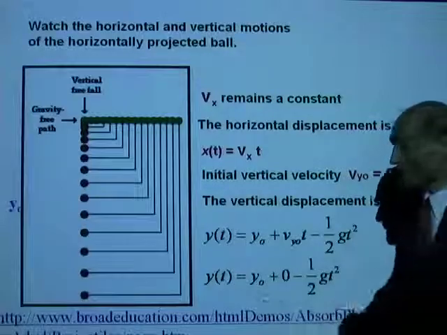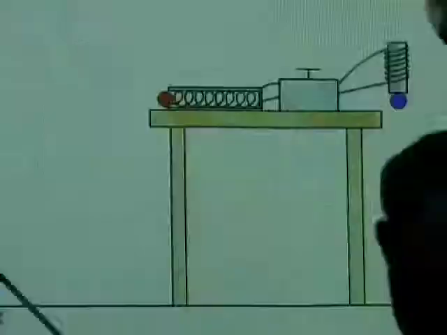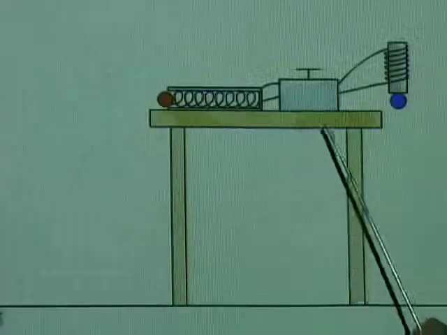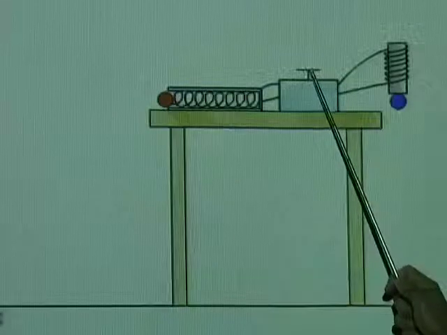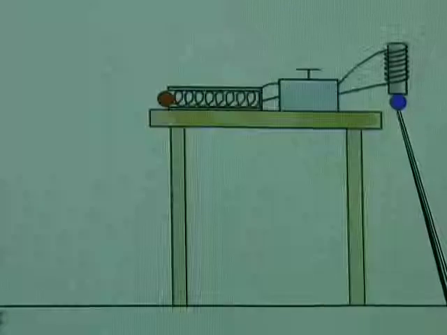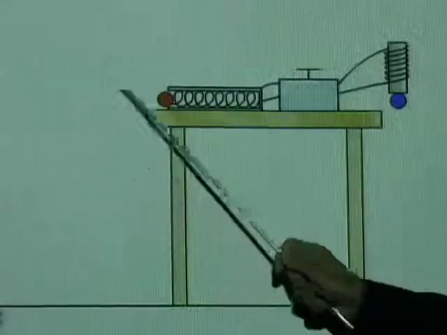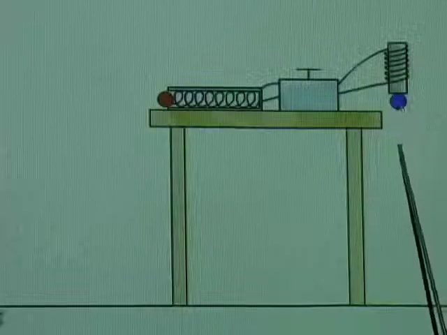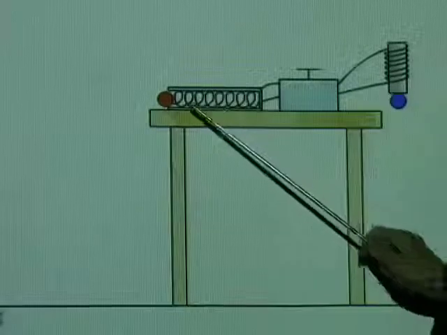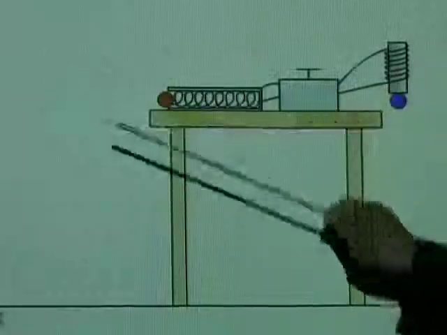Okay? Let's have a look and see if you can make this a little more convincing. Here I have an experimental arrangement whereby the flip of a switch can drop this ball and fire this ball horizontally that way. So you're going to have a blue ball dropped vertically and the red ball projected to the left with a horizontal velocity.